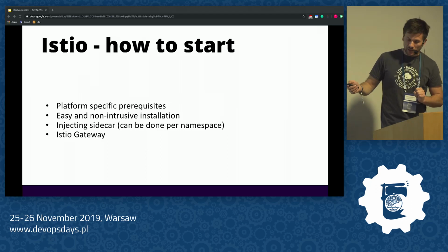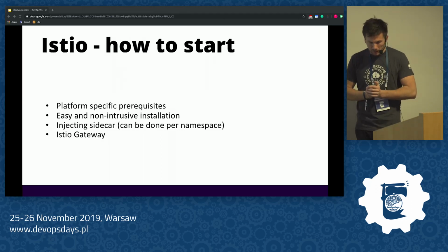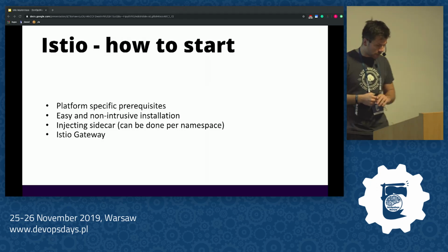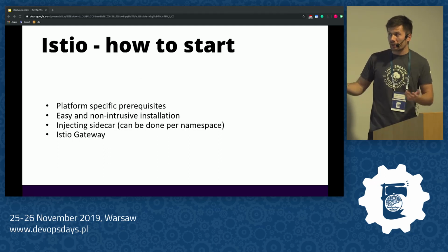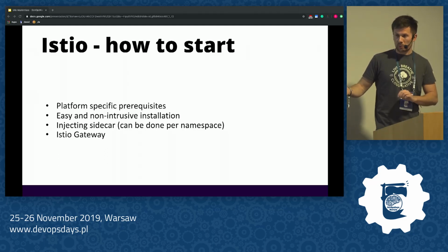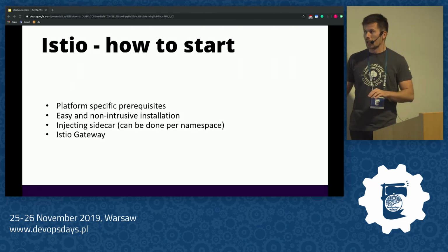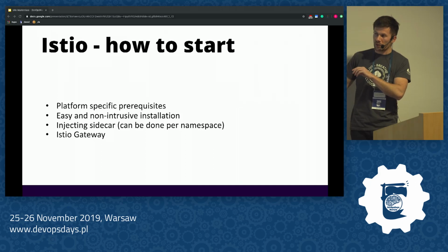Easy and non-intrusive installation. That's pretty nice because installation of Istio doesn't change anything in your cluster. So you could even install Istio easily on your production cluster because nothing changes. Installation of Istio is just deploying those components of Istio.